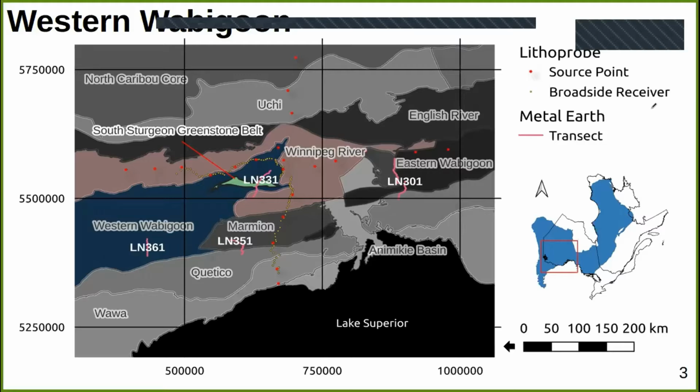And the important one to note is line 331, which is the Sturgeon transect, which crosses the Greenstone Belt itself in its middle, but also the boundary between the Winnipeg River and the Western Wabigoon sub-provinces. As well, I'm showing some of the legacy data sets that I'll be using, and I'll describe as I get to that methodology, but that's how it sits in relation to our Metal Earth line.